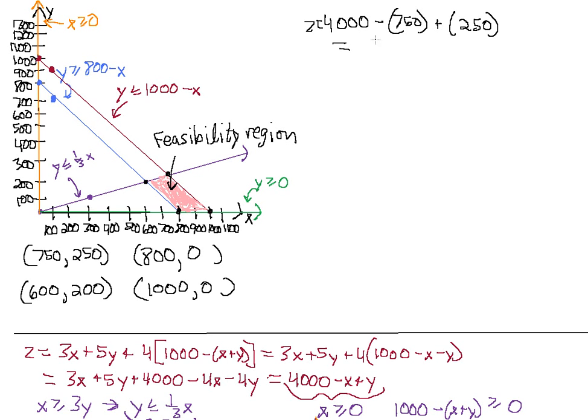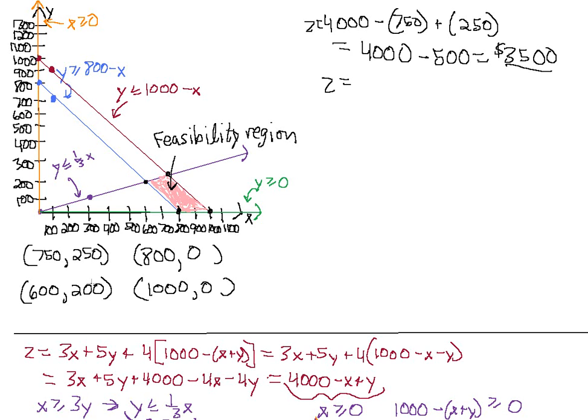This is going to give us 4,000 minus 500, which gives us a value of 3,500. All right, so these two quantities of widget A and widget B produced give us a total profit of 3,500. Let's go ahead and check out the other 3 points.